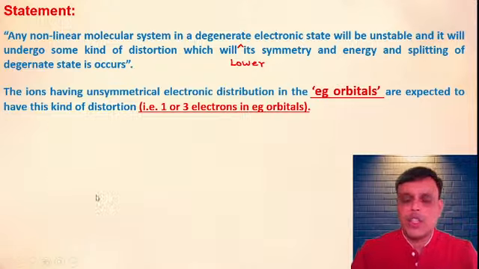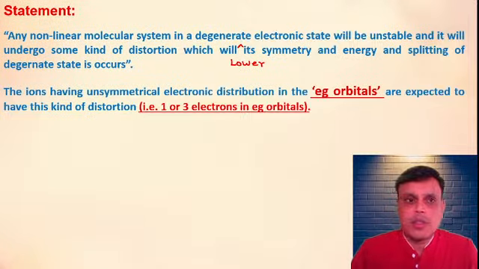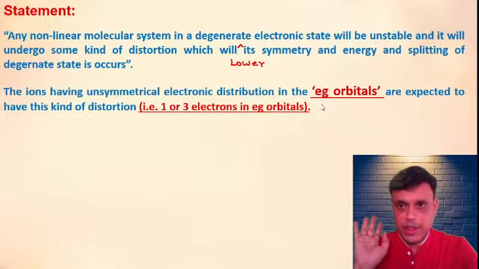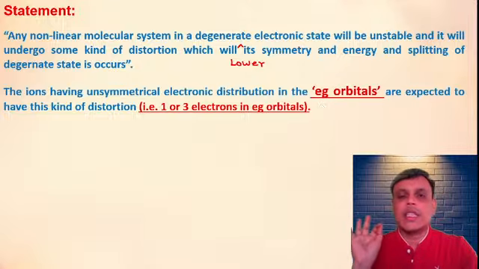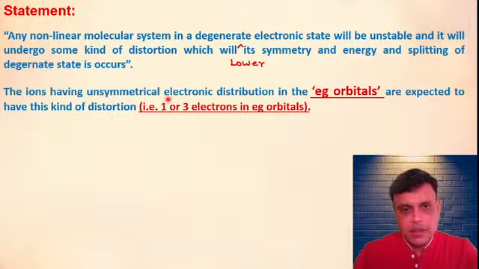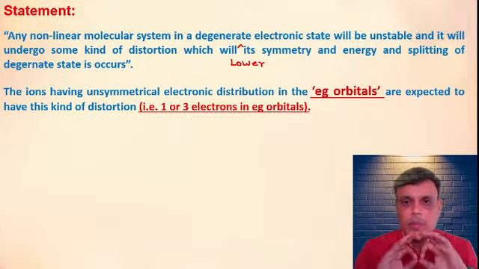कौन सा? Jahn-Teller distortion. Which compound has Jahn-Teller distortion? The metal ions having unsymmetrical electronic distribution in Eg orbitals are expected to have this kind of distortion. That means when the Eg orbital contains 1 or 3 electrons, then Jahn-Teller distortion takes place. बहुत ही simple है.